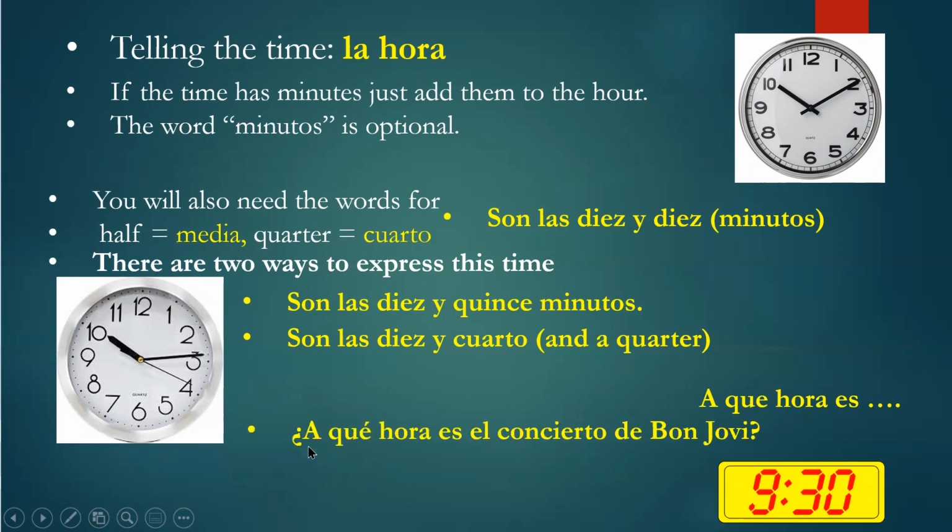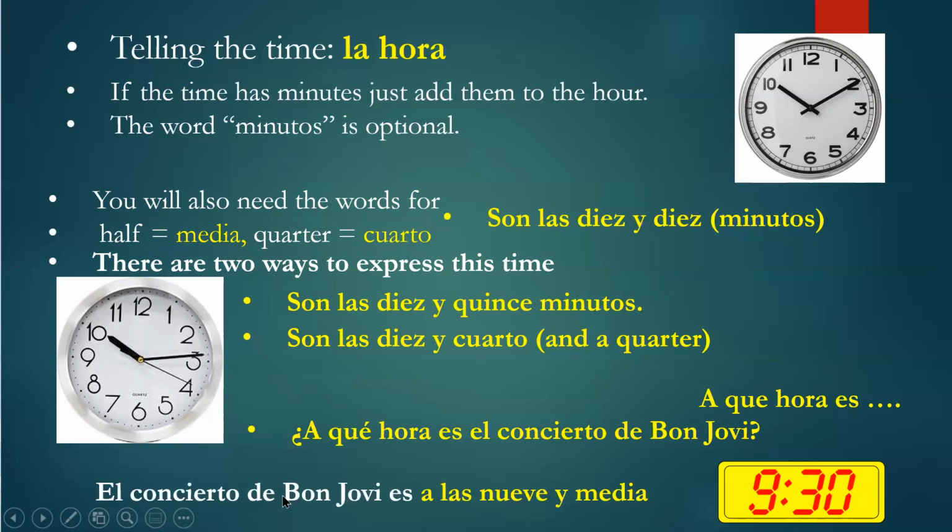For example, ¿a qué hora es el concierto de Bon Jovi? Then this is the time of the concert, you will say, el concierto de Bon Jovi es a las 9:30. So remember, make the difference between qué hora es and a qué hora. Now, this is to know the time of an event, right?